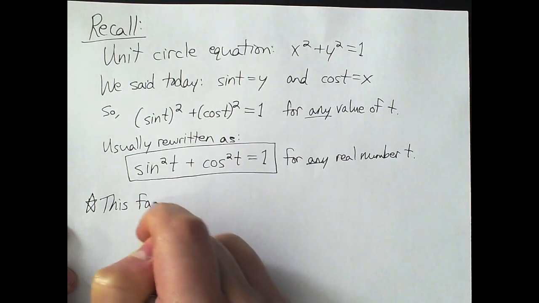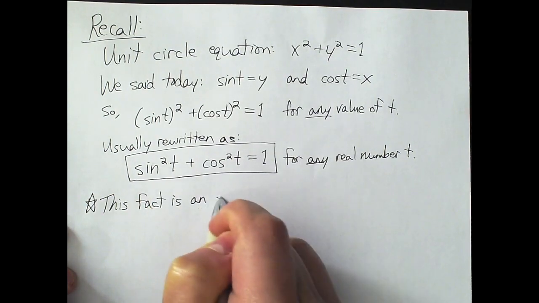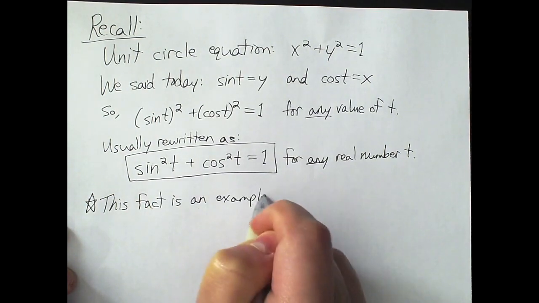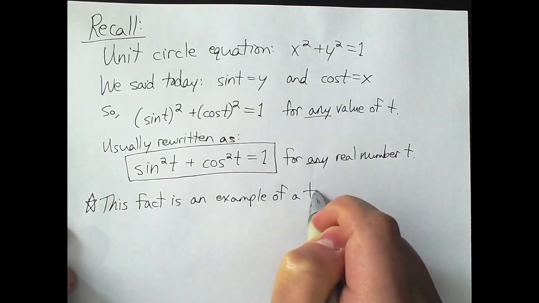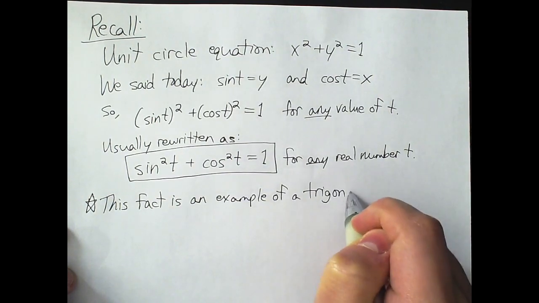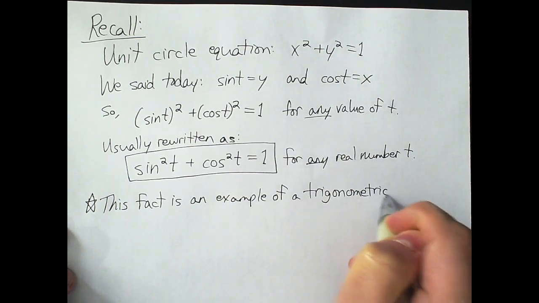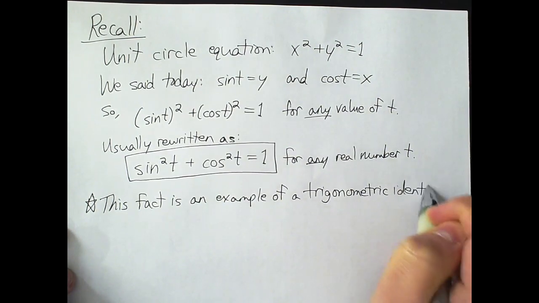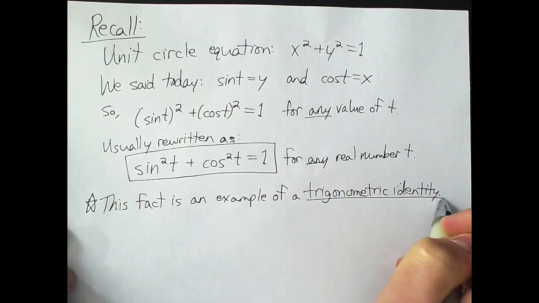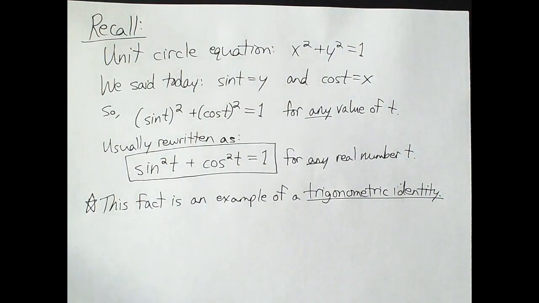And this fact is an example of what we call a trigonometric identity. A trigonometric identity, that's something we're going to talk about more later in the course. But for now, we can still talk about some of them. There are going to be a lot of trig identities.